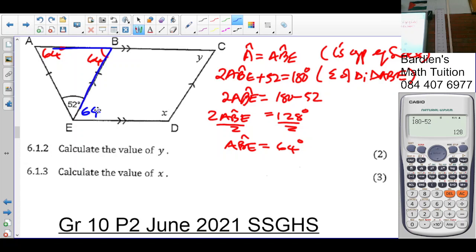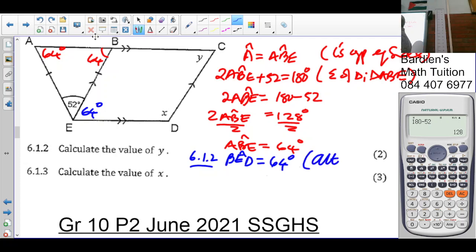Why? Alternate angles. So 6.1.2, angle BED is equal to 64 degrees, alternate angles.